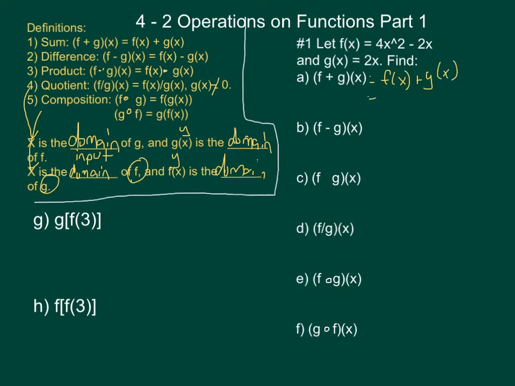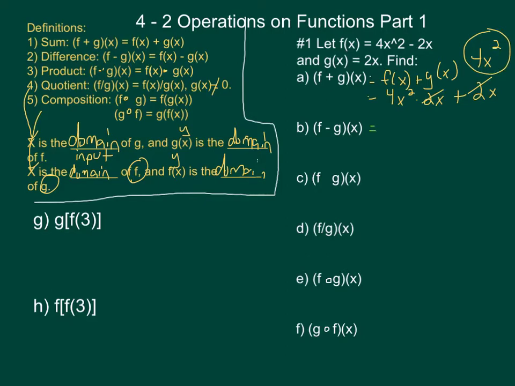Well, f of x is 4x squared minus 2x plus g of x, which is 2x. Well, 4x squared minus 2x plus 2x, they just cancel the 2x's, and the answer is 4x squared. Sweet.